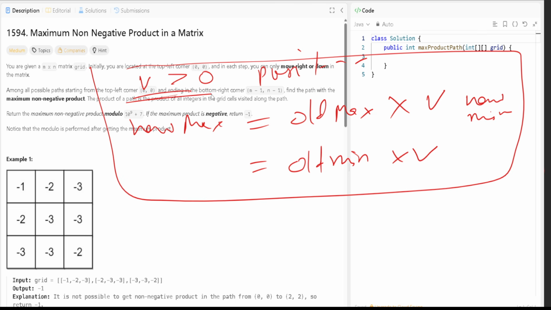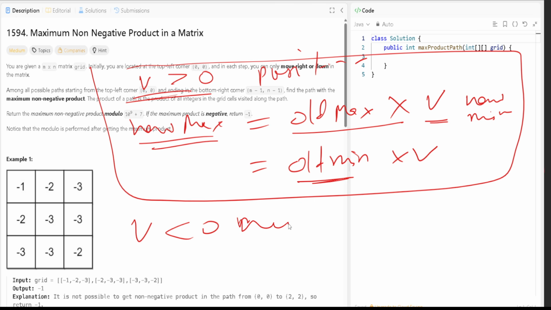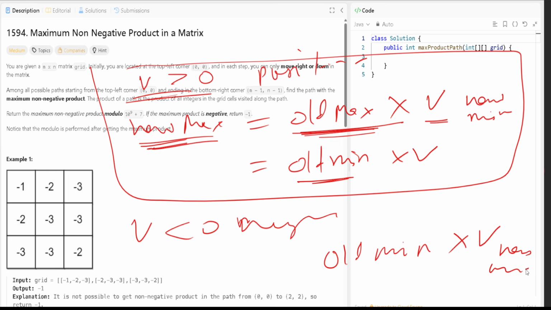If v is less than 0, meaning it is a negative value, the new max will become the old min into v, and the new min will be the old max into v. Here we get the old min, and here we get the old max into v.